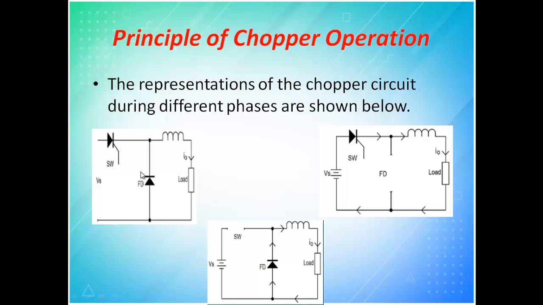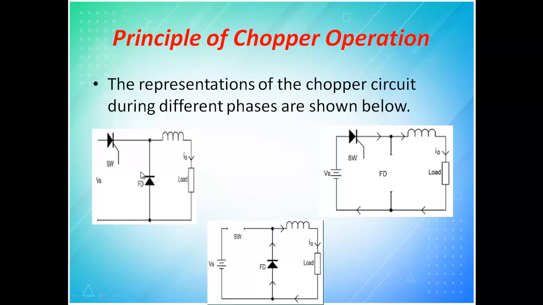When switch is off, the source portion is totally removed. So if source portion is totally removed, what is stored in inductor should be given to the load. That is why I say inductor is required. If the inductor is not there, nothing is there to discharge, so only at the time when source is there, you will have voltage at load. If source is not there also, I should have something to discharge and try to keep my voltage either reduced or not going to 0.